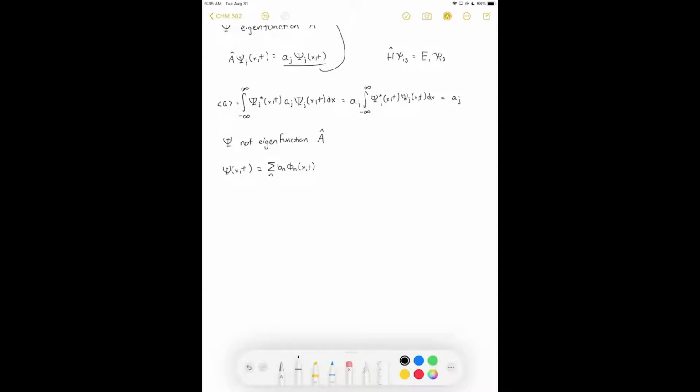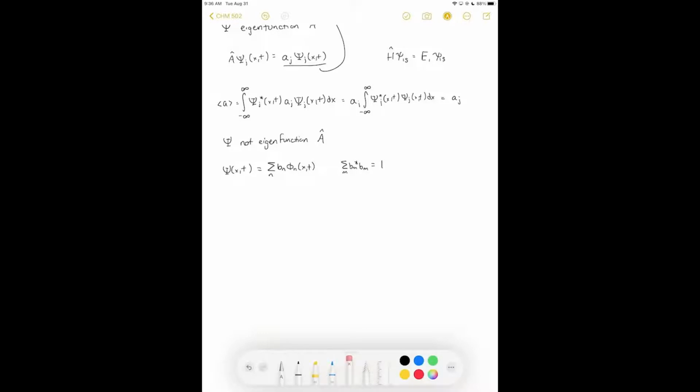Our B n's are kind of like proportionality constants, so the sum of the squares of the magnitudes of these B n's has to equal 1. What we're doing here is adding together these different functions to make our total normalized function. So this is another normalization condition that will ensure our wave function is still normalized when we sum it from all these eigenfunctions.